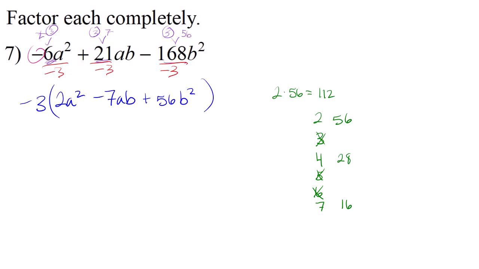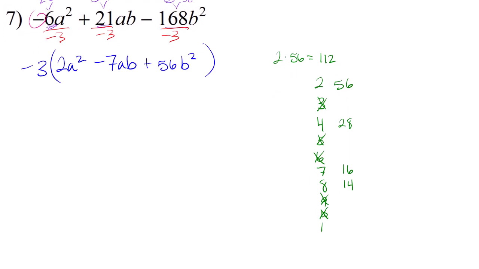So I'm going to keep going. Does 8 go into 112? Yes, it goes in 14 times. 14 plus 8 is not 7, but we are getting closer. We're at 22 now. 9's not going to go in. 10's not going to go in. 11 doesn't work if you try it on your calculator and divide. 12 isn't going to work. 13 doesn't work.